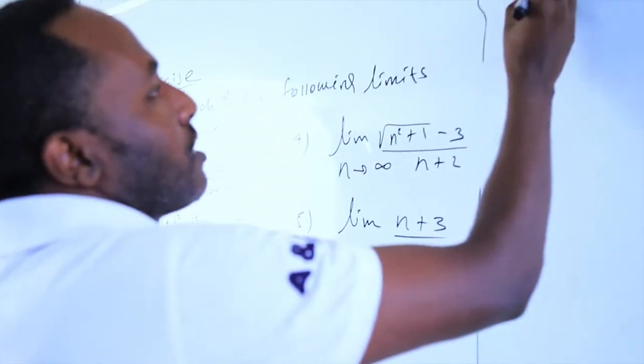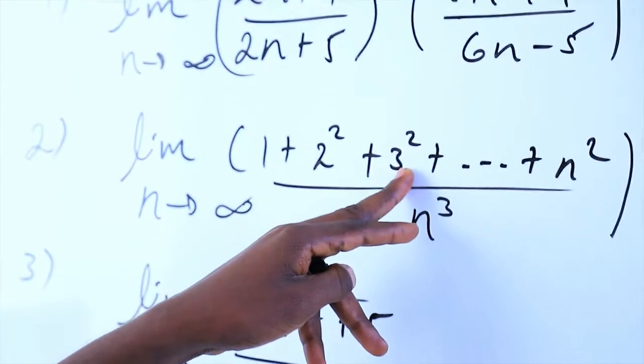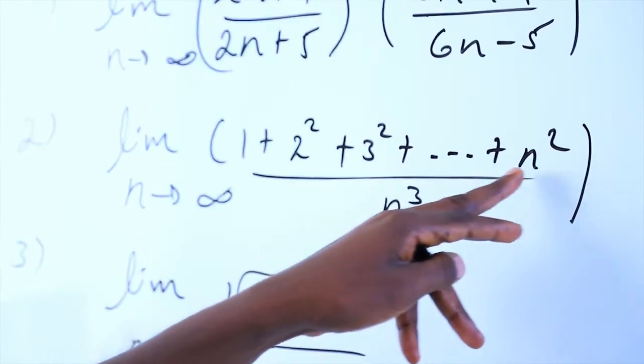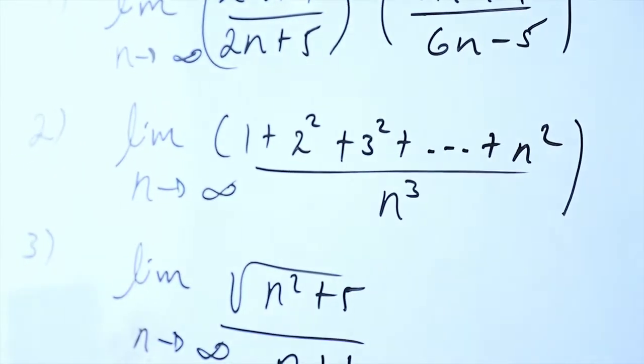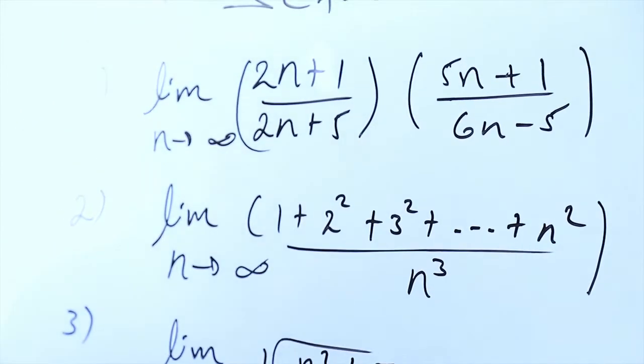See this, the second problem says that, as you see here from the problem, the limit of 1 plus 2 squared plus 3 squared plus 4 squared plus up to n squared over n to the power of 3 as n approaches infinity.